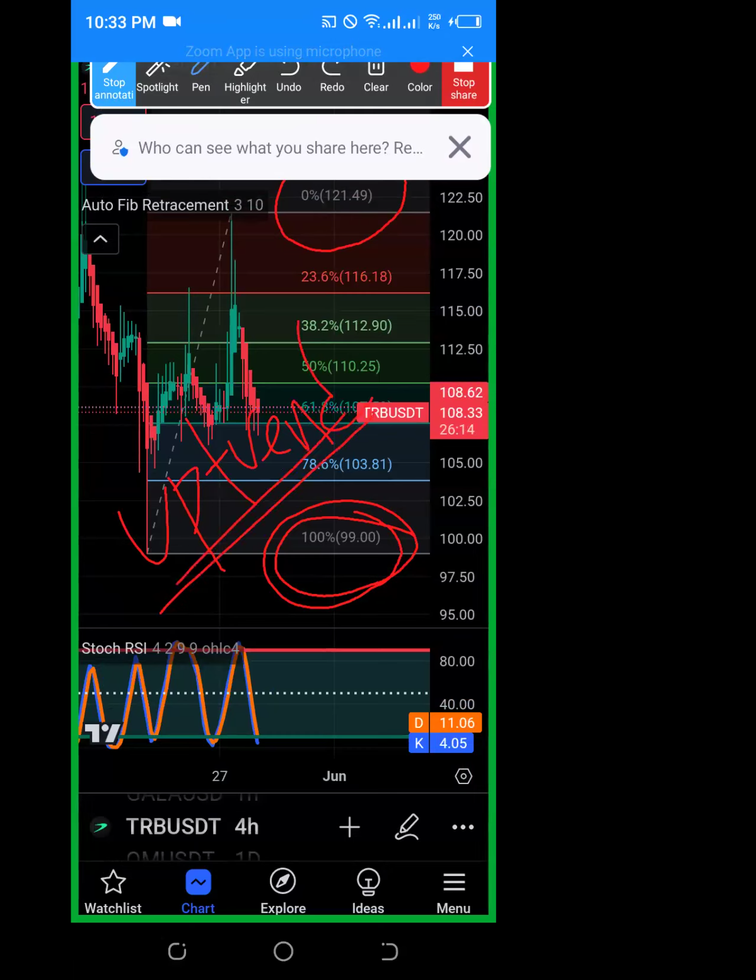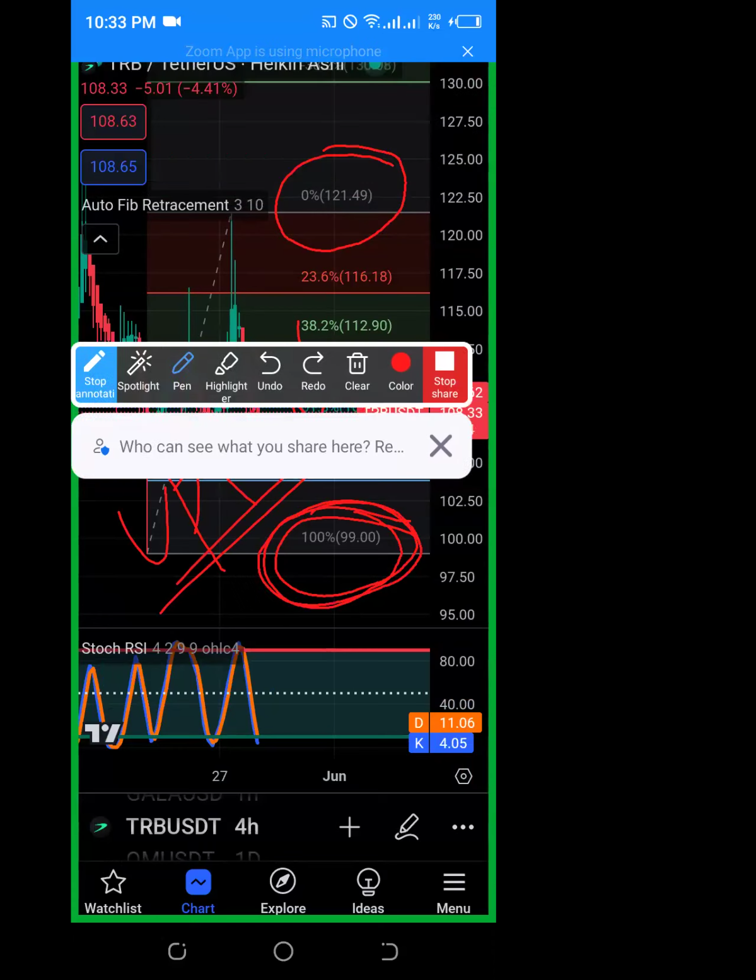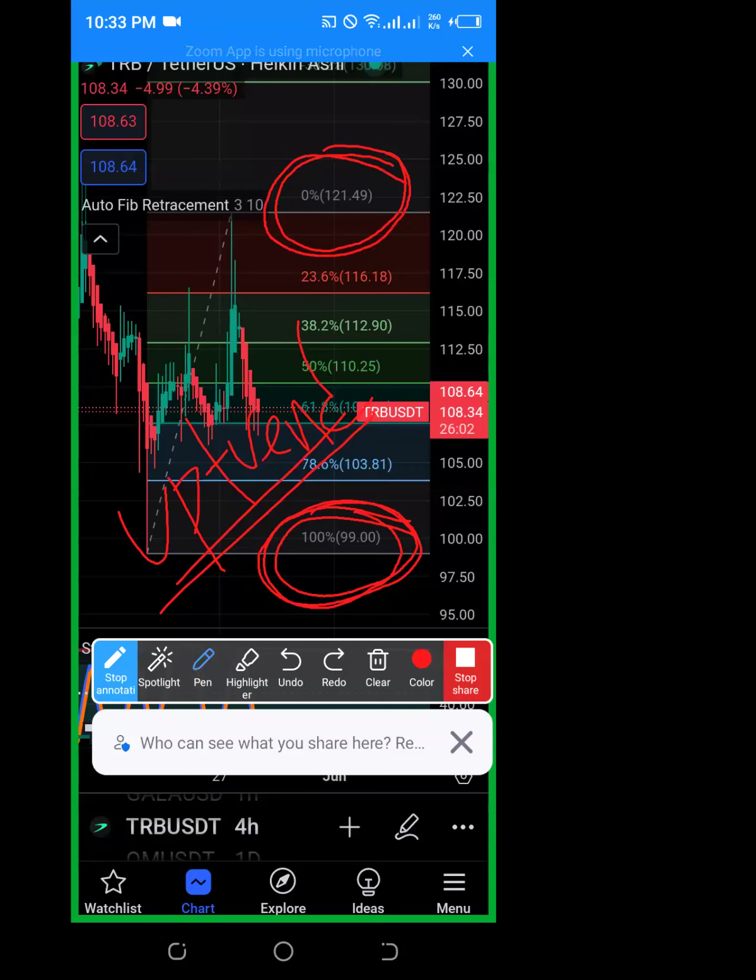Okay, you just enter at the current price. I'm repeating, when you see 100% at the bottom and there is 0 on top, just enter that currency at the current price.